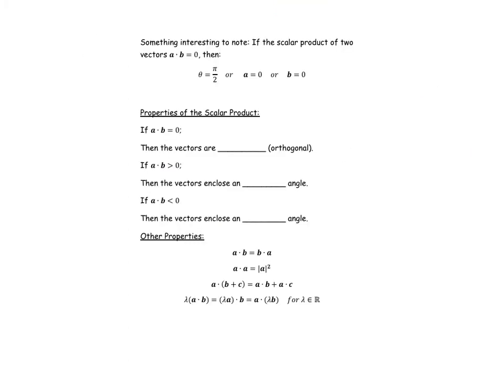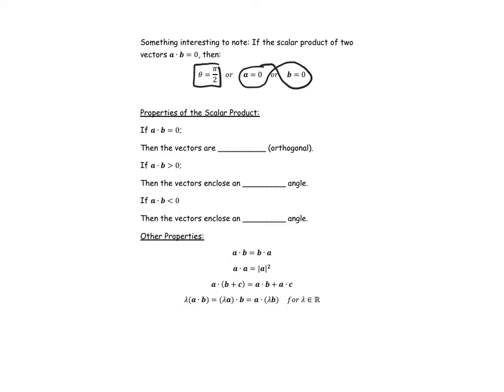Okay, so something interesting to note about the scalar product of two vectors is that if A and B, when we take our scalar product, equals 0, then one of three things is true. Either the angle between the two vectors is pi over 2, or one of the vectors is the 0 vector.